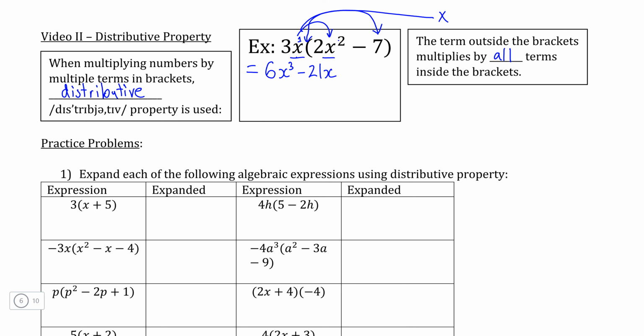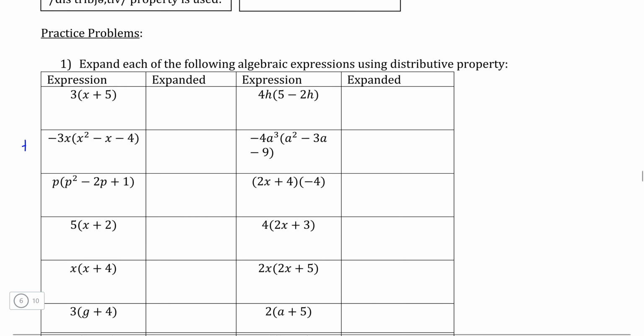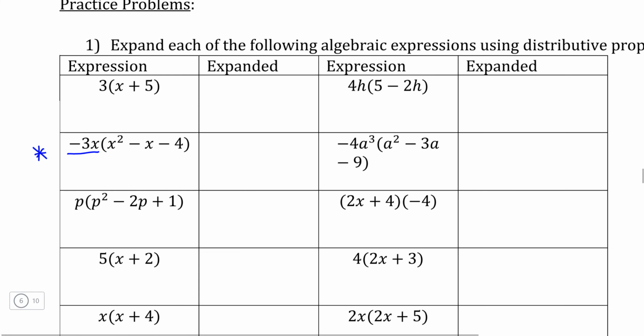Now, if we try another example, let's try example 2 here, because we have a monomial multiplied by a trinomial inside of the brackets here. So remember, according to distributive property, we are multiplying negative 3x by all of the terms inside of the brackets. So the first thing that we're going to do is negative 3x times x squared.